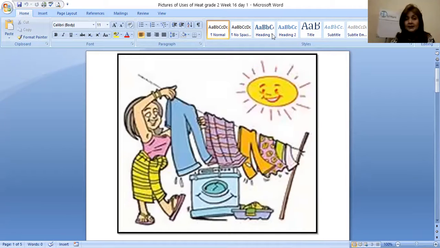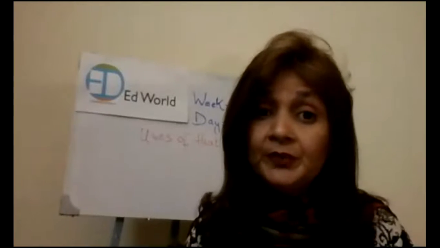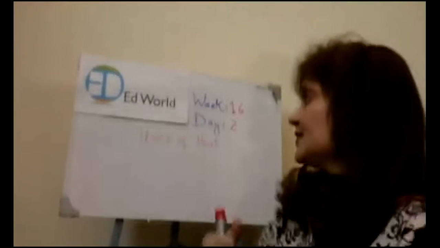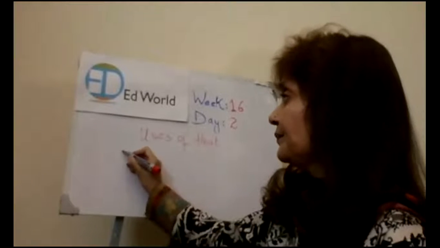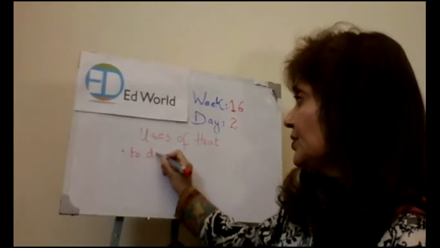So now if someone asks you, what are the uses of heat? Will you be able to answer? What are the uses of heat? First, what was there? To dry clothes.